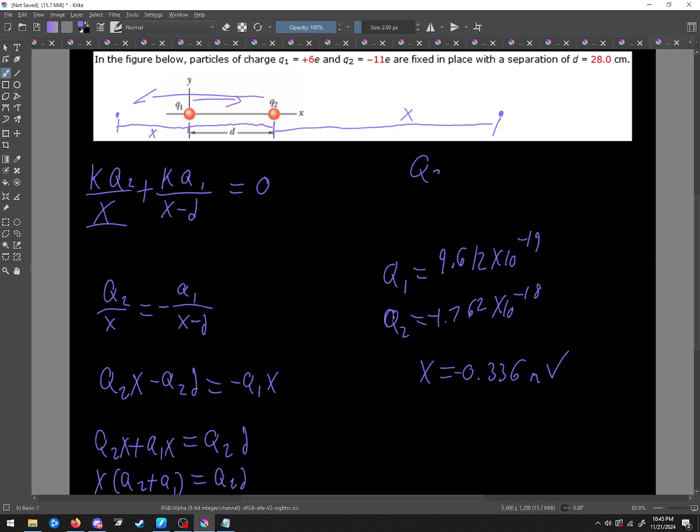We have Q2 times d over Q2 plus Q1 equals x.